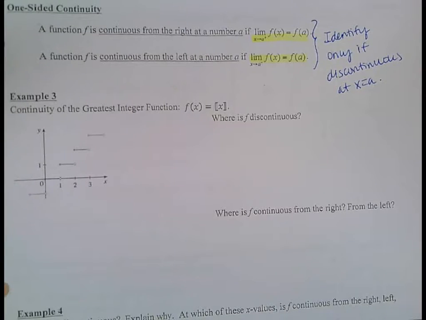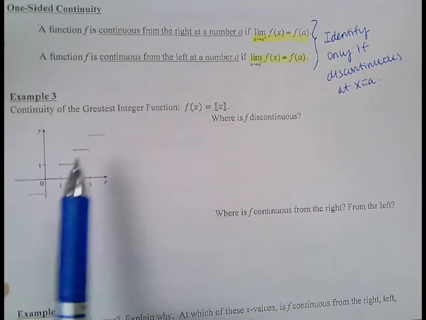So if you already know the function is continuous at a, it's going to be continuous from the right and the left. So if it's discontinuous, then you can look further to see, well, would it be considered continuous from one side or from neither side? So I'm going back to the greatest integer function example.